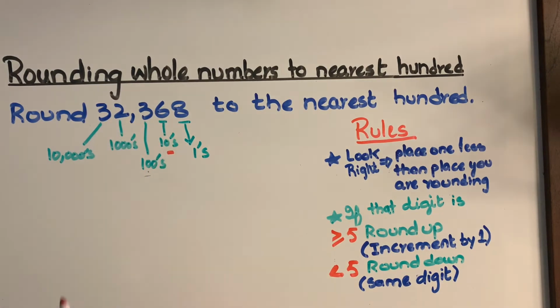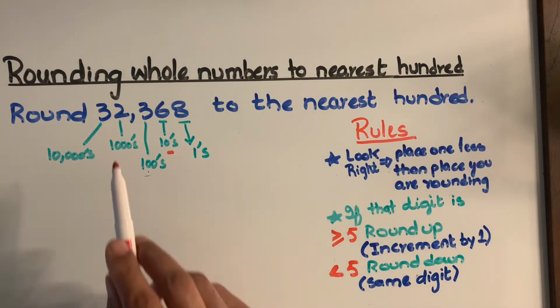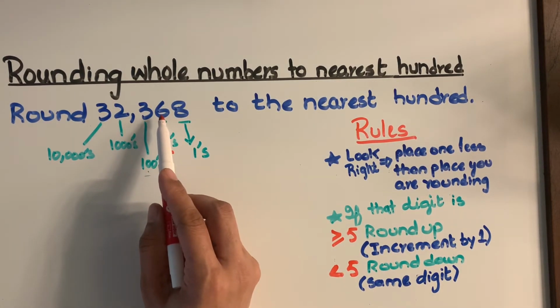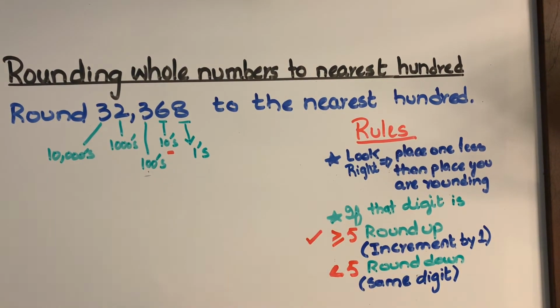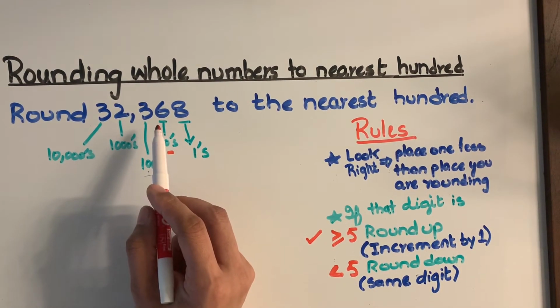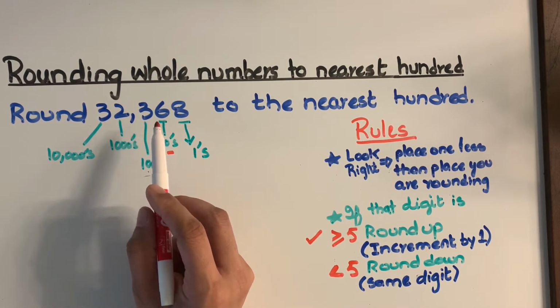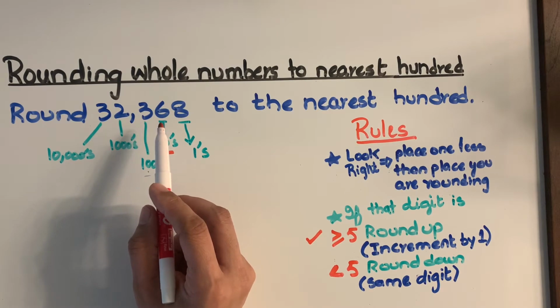The digit 6. If that digit is greater than or equal to 5, this digit is 6, so this means this is greater than 5. We will follow this rule. If that digit is greater than 5, then we have to round up and increment by 1.